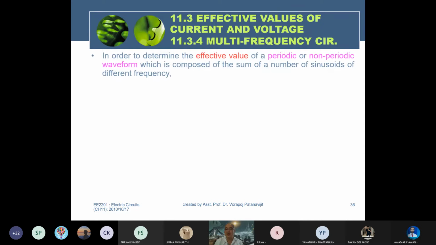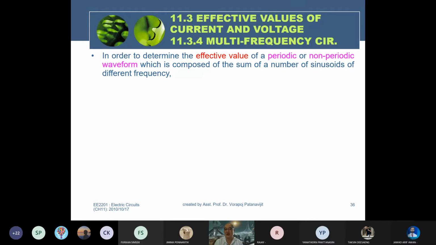In the case that your circuit has more than one generator with different frequencies, for example, the first source may operate at 50 Hz and the second source may operate at 60 Hz instead, how to compute it? We must compute the effective value of each, the current or the voltage at each frequency, first.